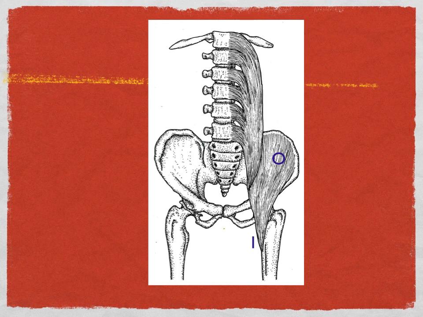If you look at the other side of the skeleton without the muscles attached, you can see that that hollowed out area on the ilium is what we call the iliac fossa. And so without having to refer to a piece of paper and a list of words, just looking at the skeleton should allow you to identify that. So the origin of the iliacus muscle is the iliac fossa.